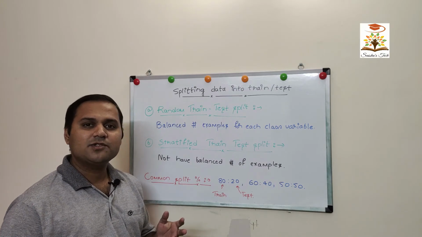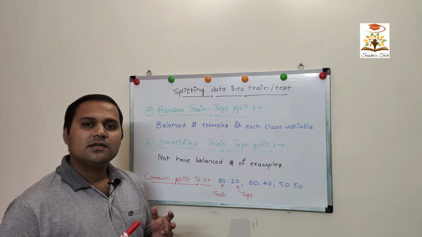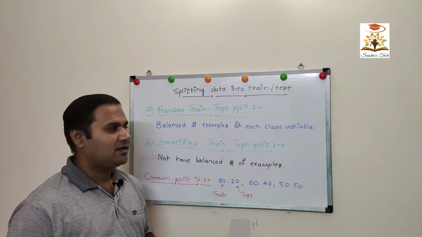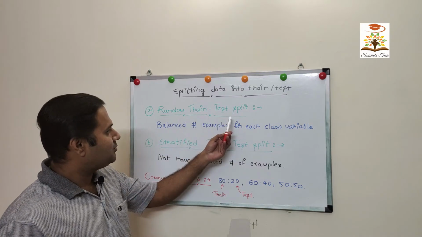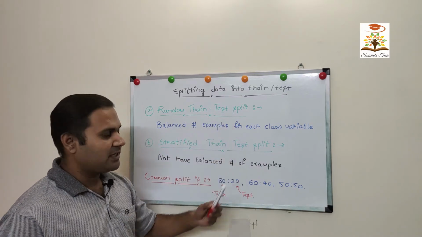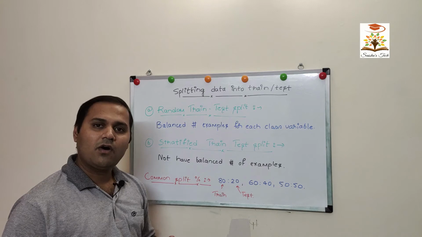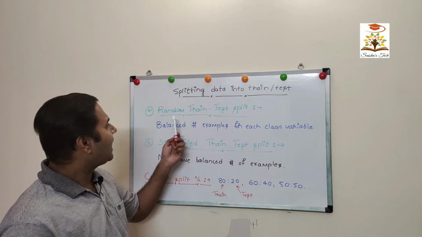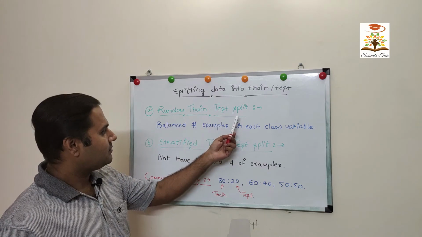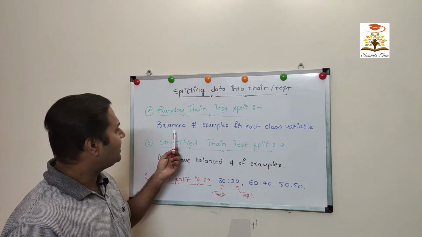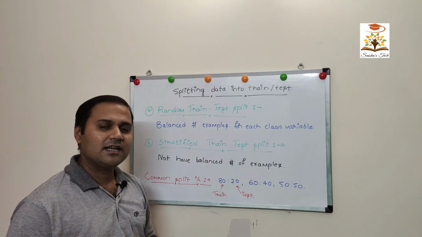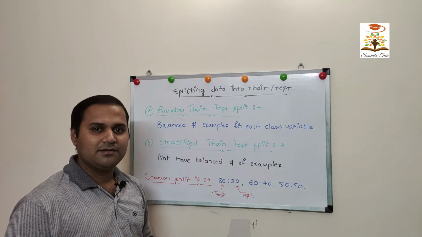There are many types of methods to split the data into train and test. Random train and test split, stratified train and test split are the most common or well-known data split methods. Random train test split is used when there is a balanced number of examples for each class variable. Here class variable is the target variable.